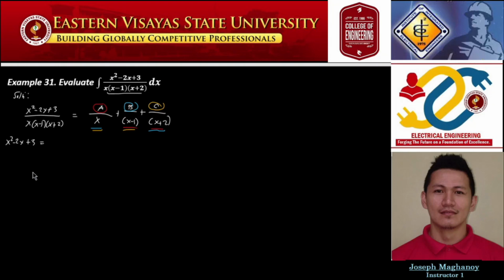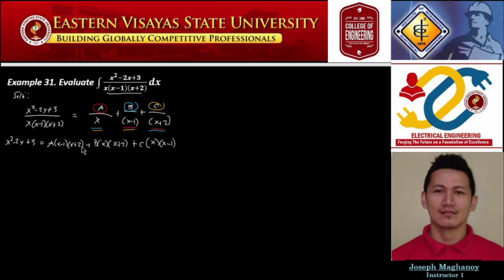Writing it down, that would be a times quantity x minus 1, x plus 2, plus b times x, x plus 2, plus c times x, x minus 1. I hope it's clear.